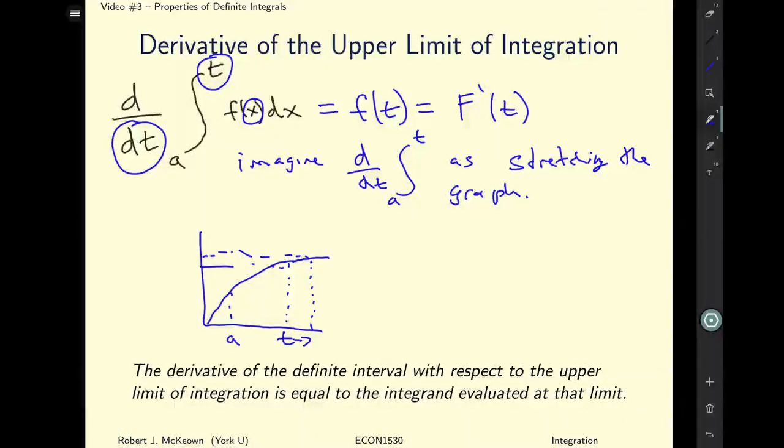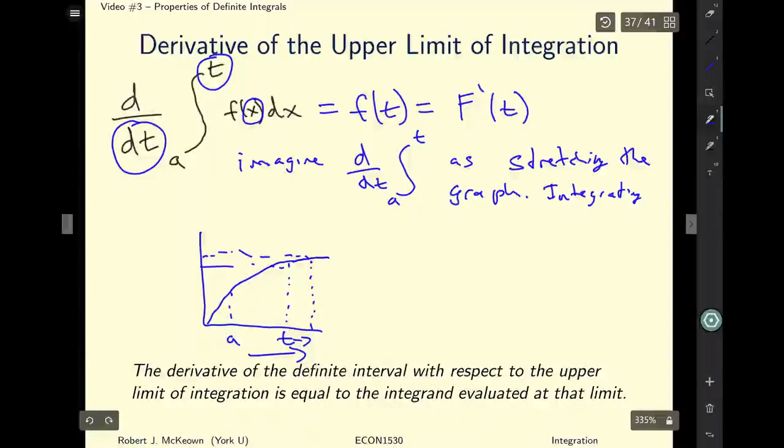And so kind of imagine that this distance down here is being stretched out to the right, and the lower bound is fixed. A is not changing, t is getting larger, and so you're integrating over a larger area, stretching the graph. That's the way I think of it.